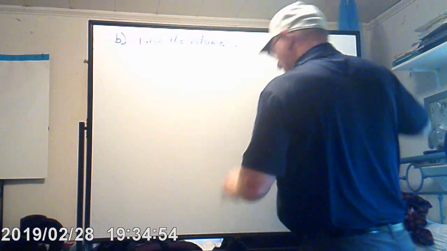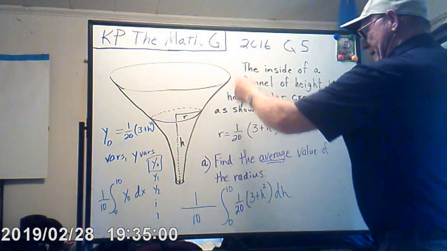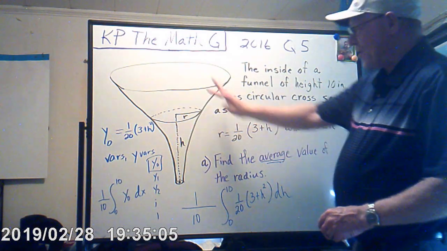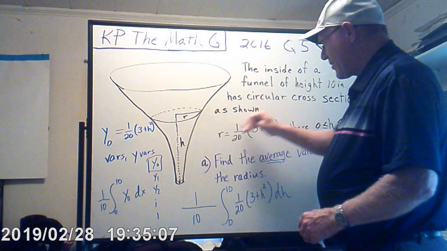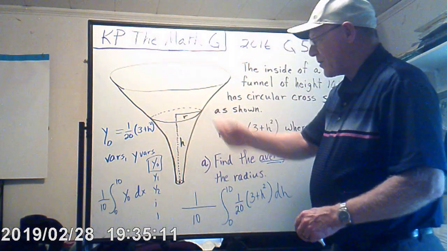I'm just going to leave it like that. Now, if you make a mistake and call this a cone, it is not a cone. The whole thing is given by this. So what we have is a circular cross section.